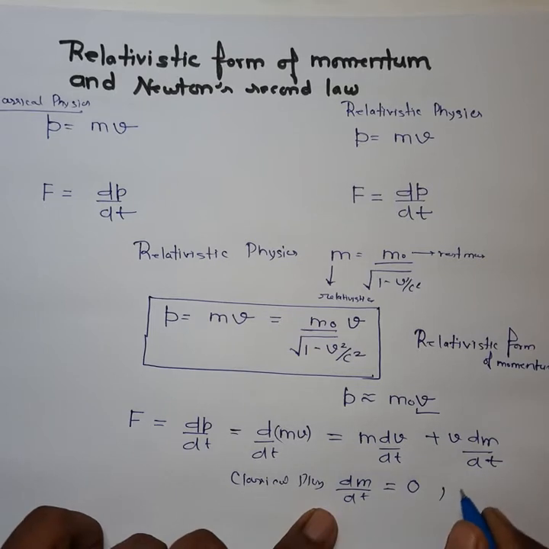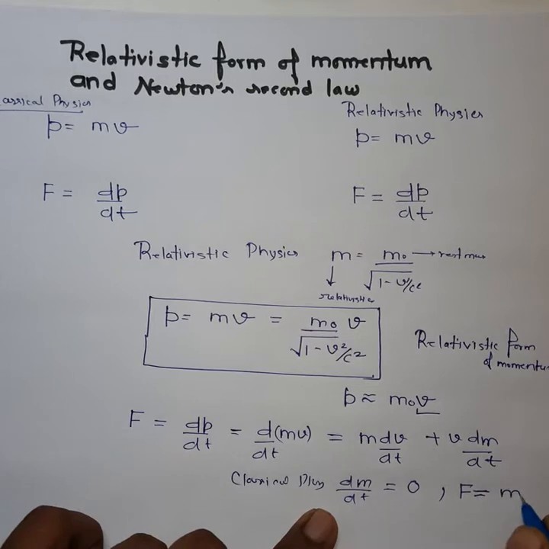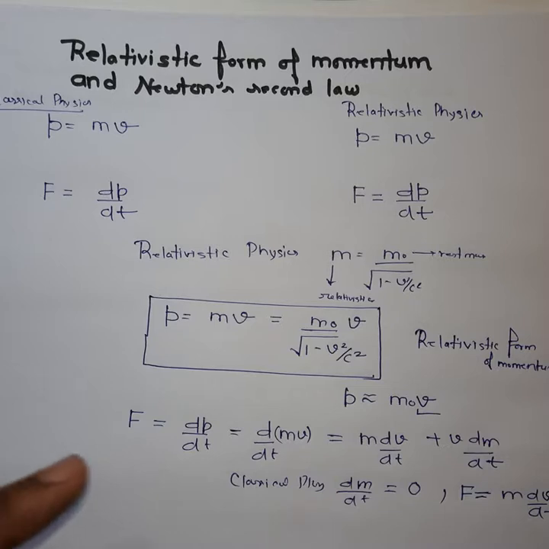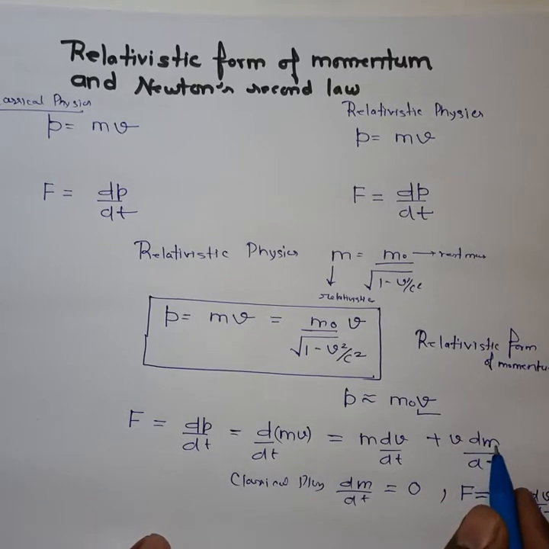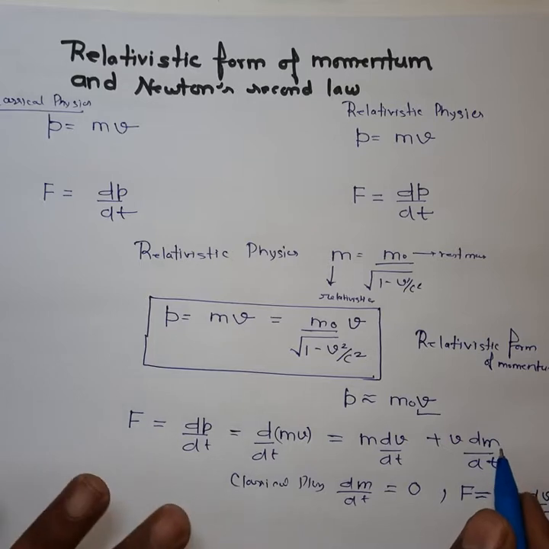So in classical physics, F can be written as m dv/dt. But you know that in relativistic physics m is a function of velocity, hence it depends upon time.